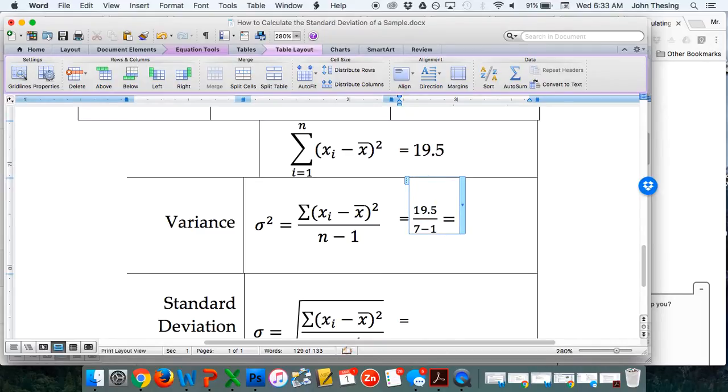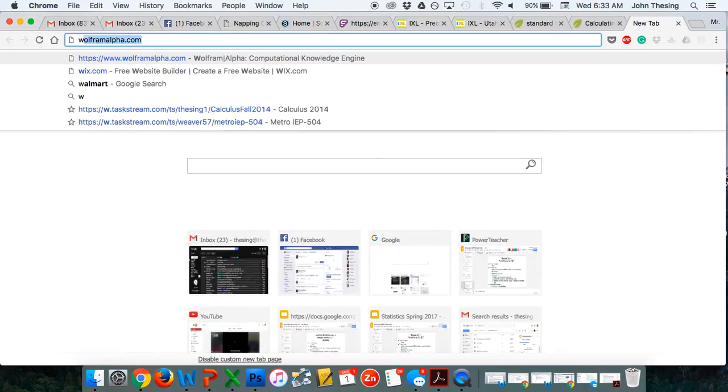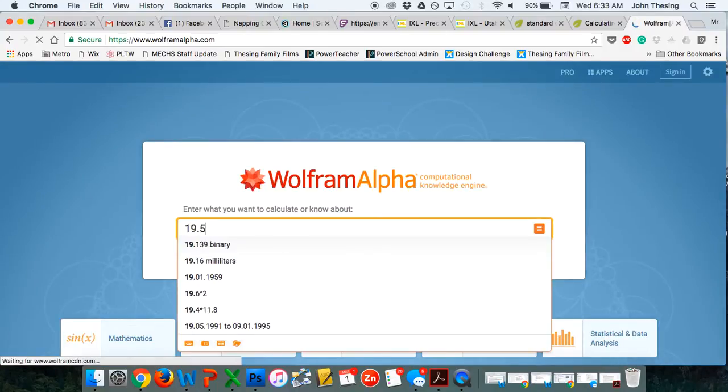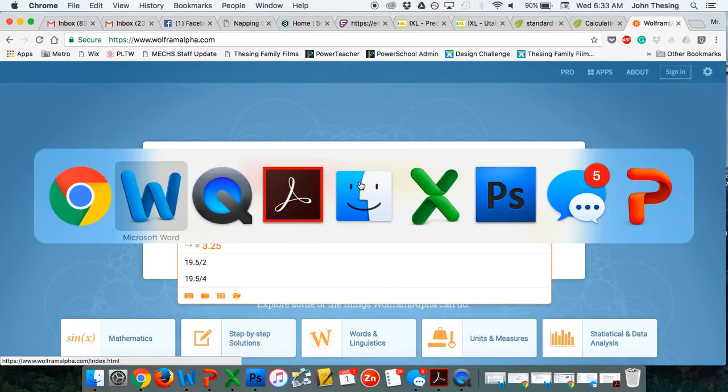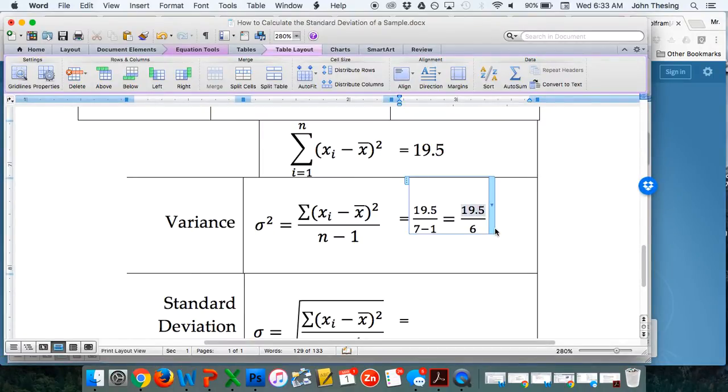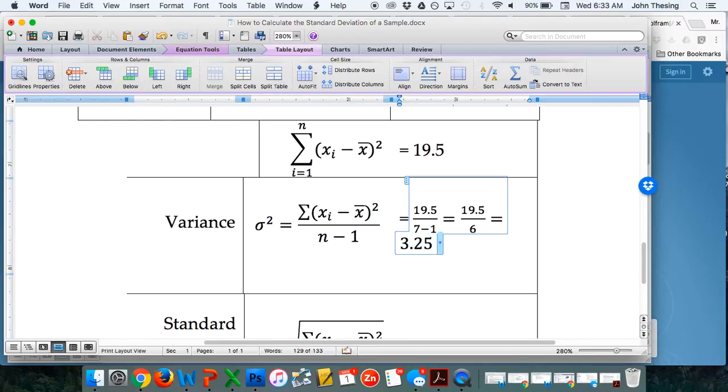We're doing 19.5 over 6. Bear with me here. Sorry, I didn't work these out beforehand. So that's 3.25. Once we figure this out, this is 3.25.